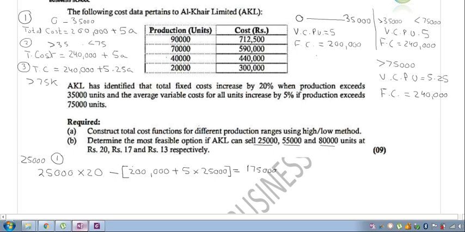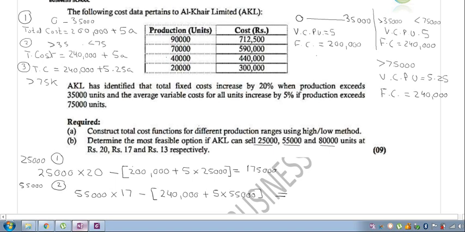If I produce 55,000 units, 55,000 is between 35,000 and 75,000, so the applicable cost function will be the second one. My sales revenue will be 55,000 units sold at 17, the selling price, minus the entire cost: 240,000 fixed cost plus the variable cost, which is 5 into 55,000.